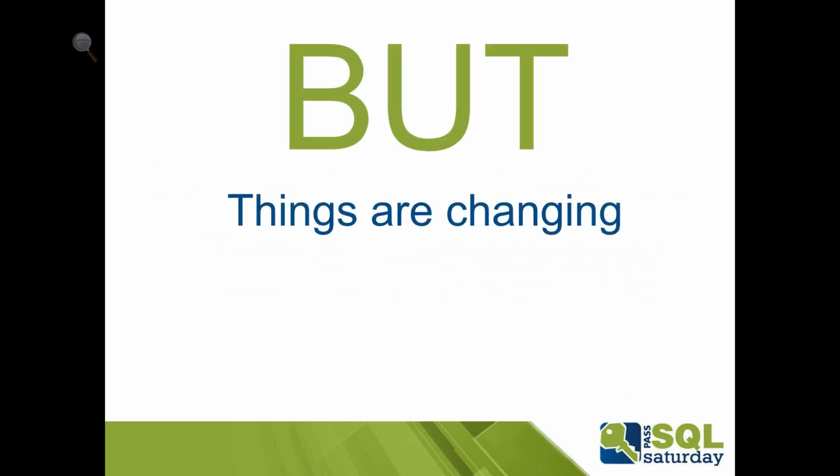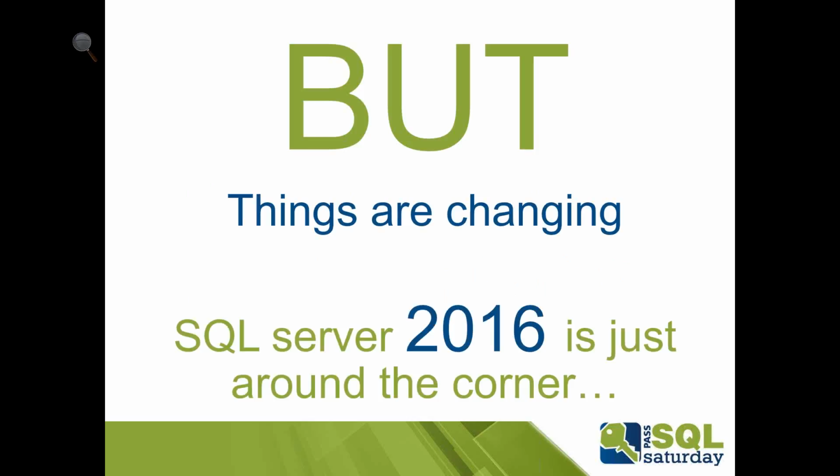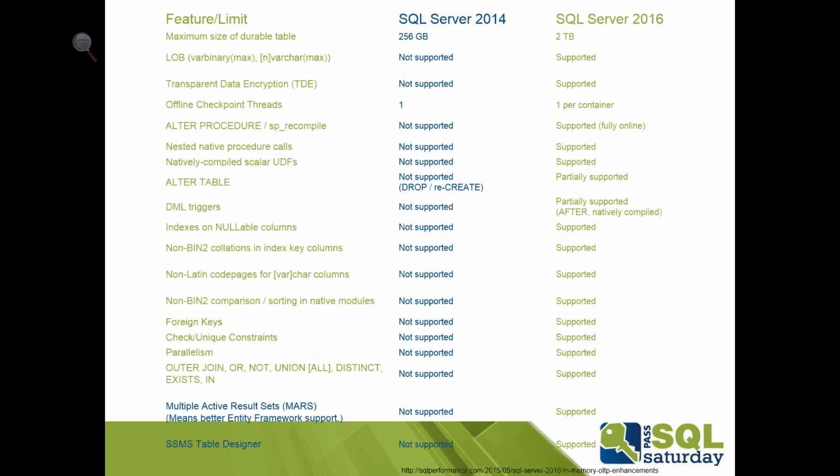But as I have said a few times, things are changing. SQL Server 2016 is coming in 2 weeks. And I'm not going to go through all these features and limitations, but I would like to highlight that alter procedure is supported. Alter table is supported. So you can actually do stuff where you don't need to drop all your tables or recreate them.